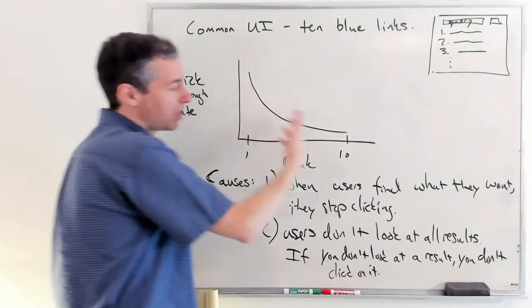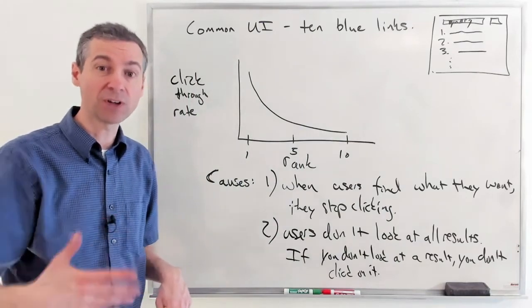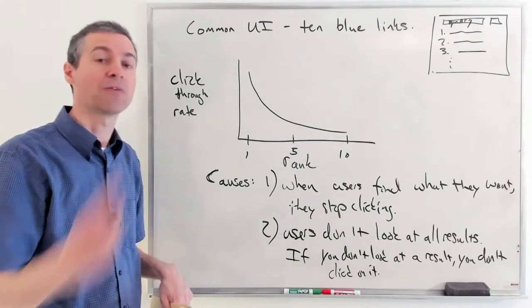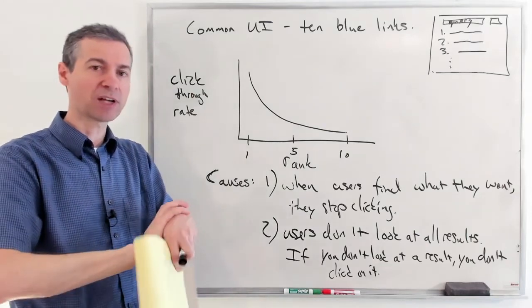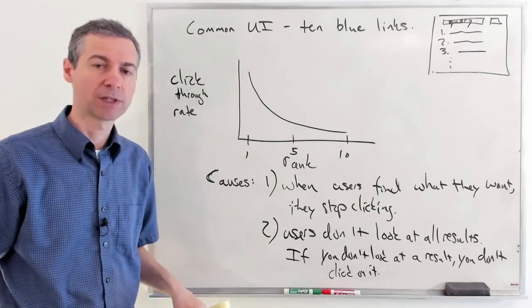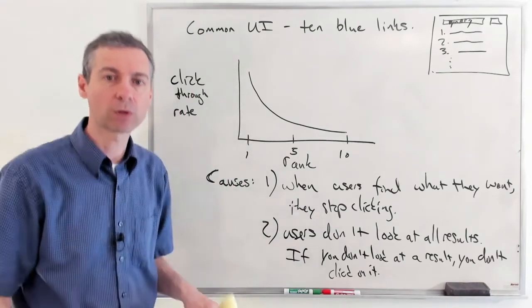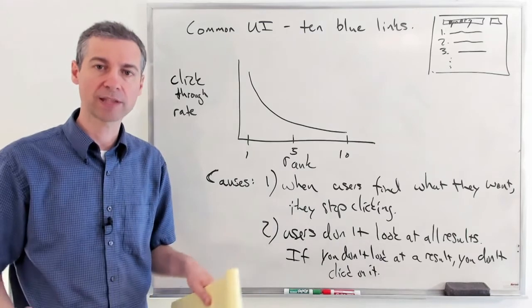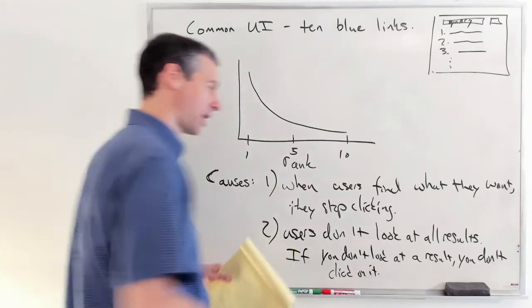So value basically decreases the further it goes down in the rank list, and it falls off actually quite quickly for web search. Again, web search is not the only form of search out there. You would want to understand this behavior for your search engine, for your tasks that people are doing. What is the behavior that they have?